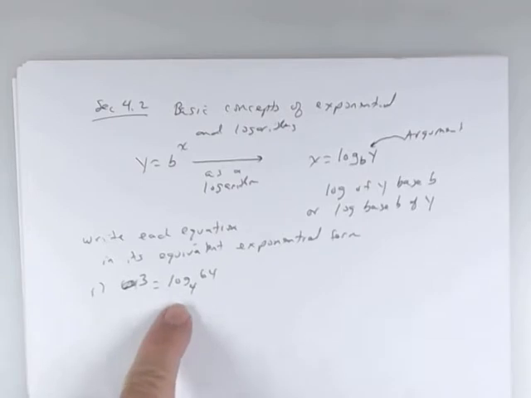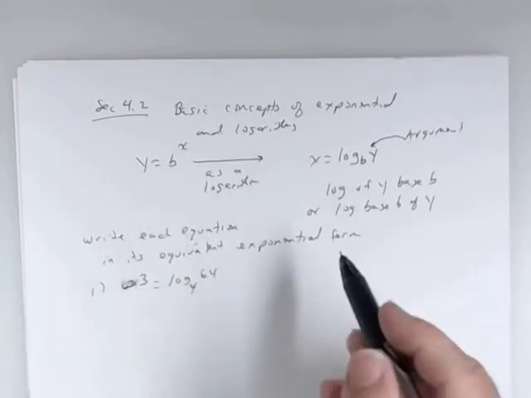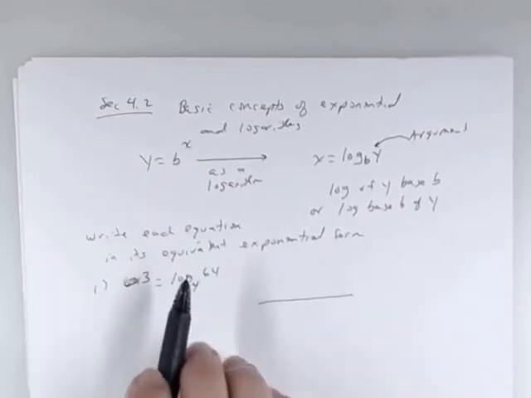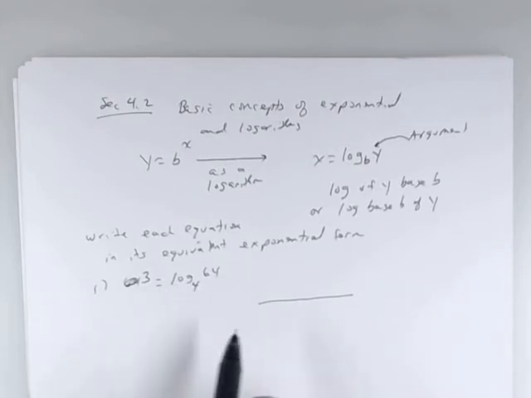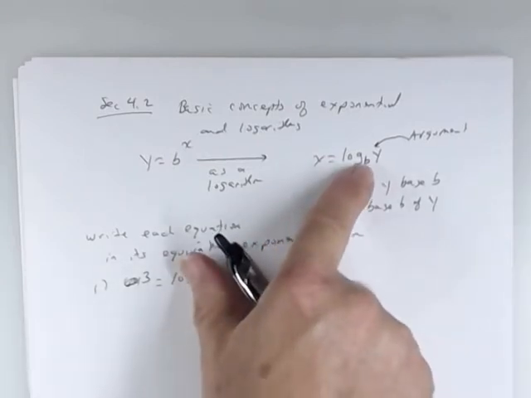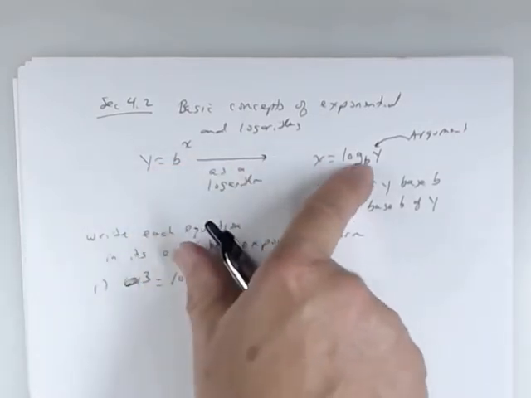Now you want to write this logarithm as an exponential. All right, it's very easy to do. Remember, an exponential has a base, correct? What's the base? The base of the exponential is the same as the base of the log. Base of the log is 4. So you have an equal sign, you have a 4 here. All right, now watch. You take the base and you raise it to its exponent, right? So notice my finger.